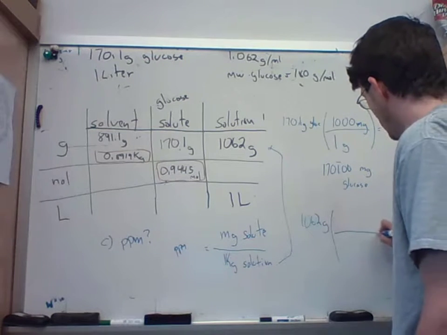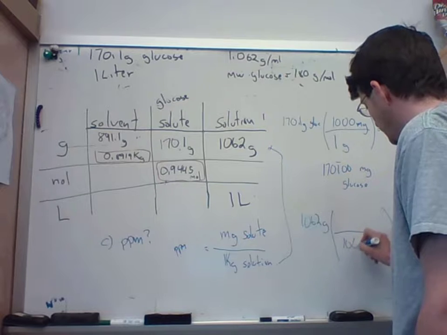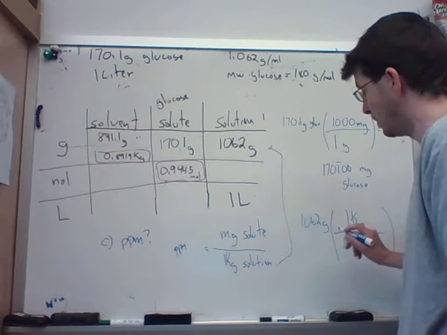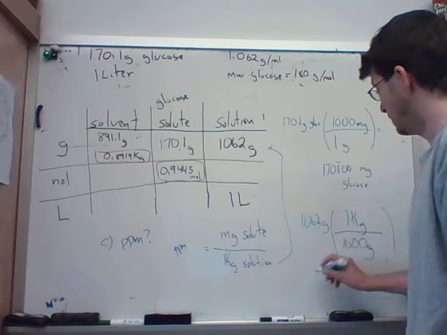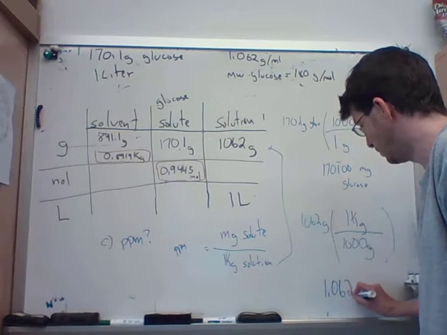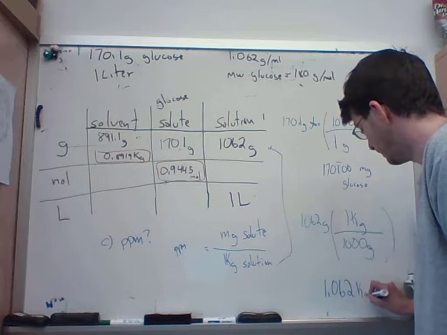We know that for every 1,000 grams, that's equivalent to 1 kilogram of solution. So this is 1.062 kilograms.